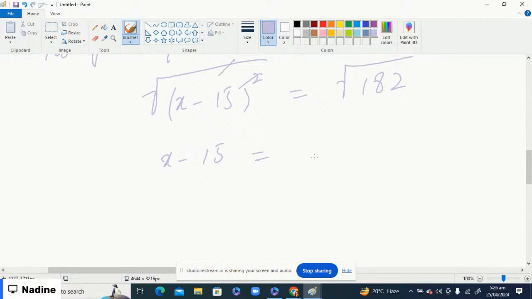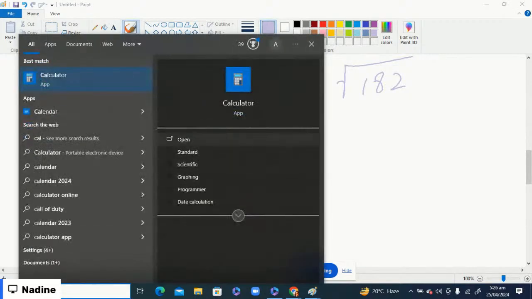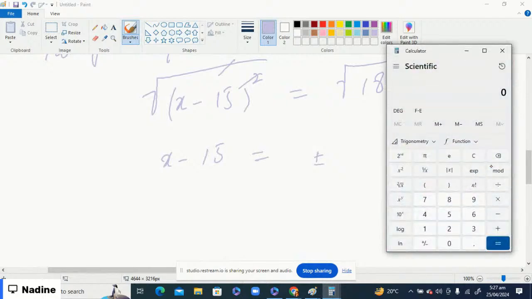But for that side, when we are using the calculator, finding it out, let's check it out. Square root of 182.